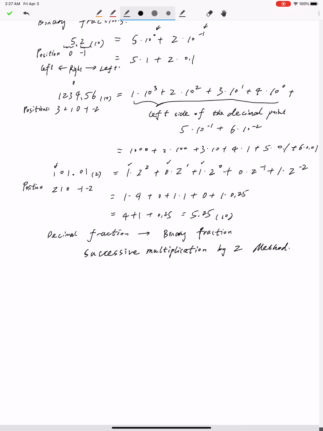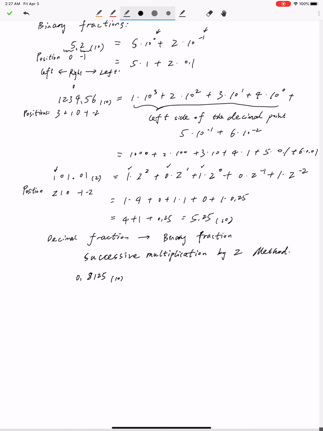For instance, if we have 0.8125, this decimal fraction number, and we want to find what's the binary representation, right? We just need to continually or successively multiply 0.8125 by 2.